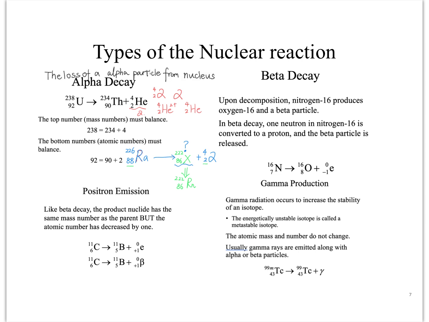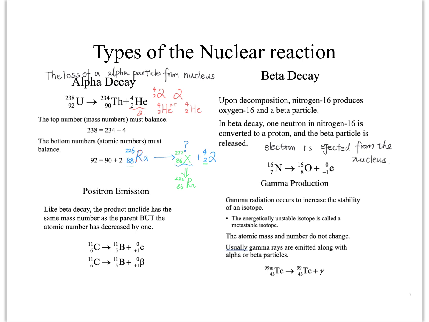The second type of nuclear reaction is so-called beta decay. In beta decay, an electron is ejected from the nucleus.